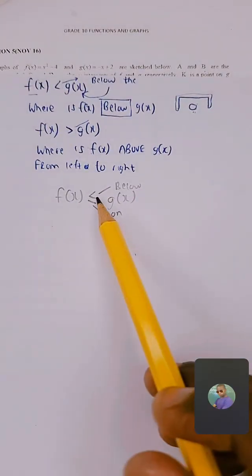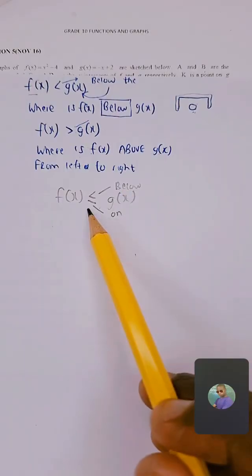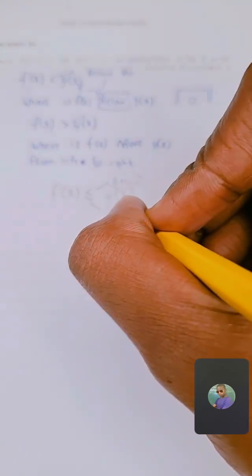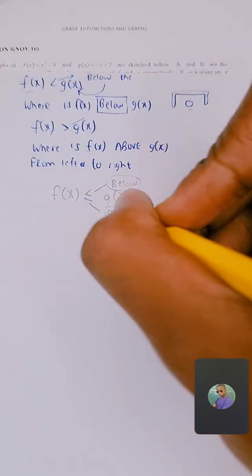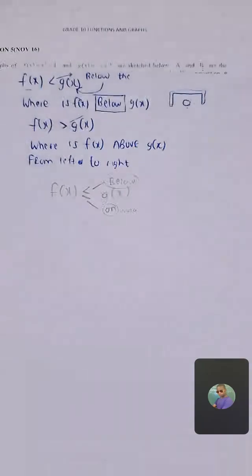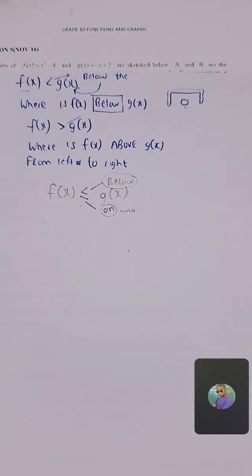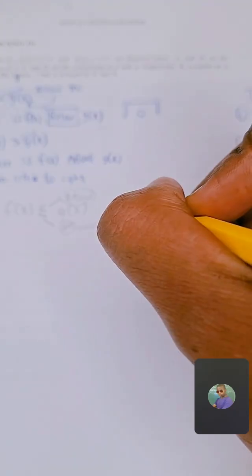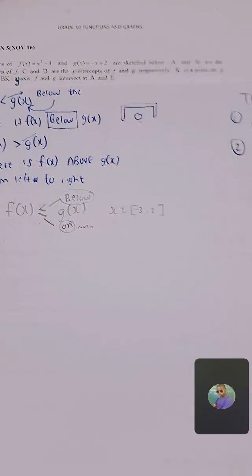But Malibongwe, if the question had said f of x less than or equal, then we are looking for where f is below g, and where they are on each other, where they touch. Therefore, if we were writing the answer for this one, we would say x is an element of -3 to 2, with square brackets, because we want to also see where the two functions are equal.